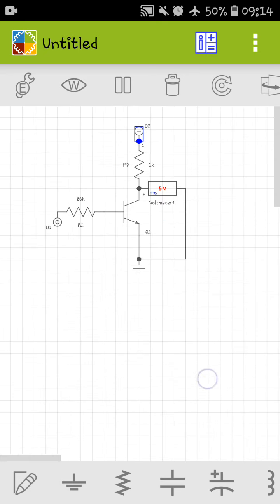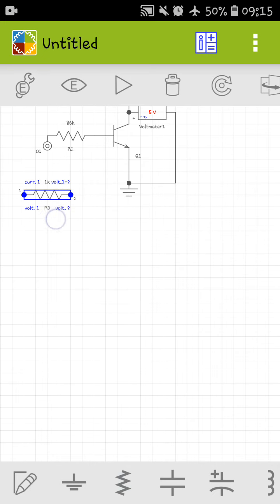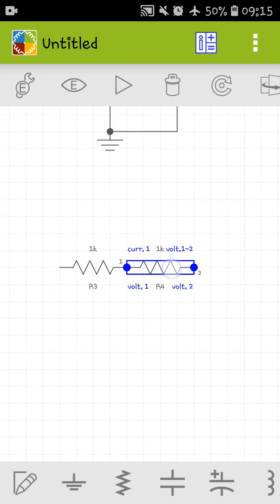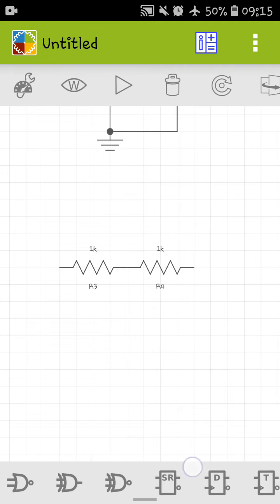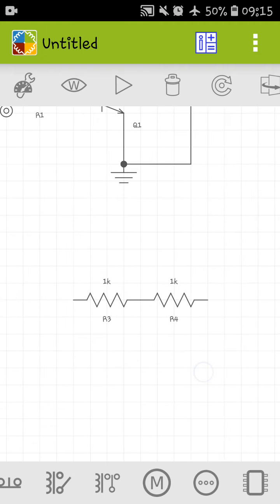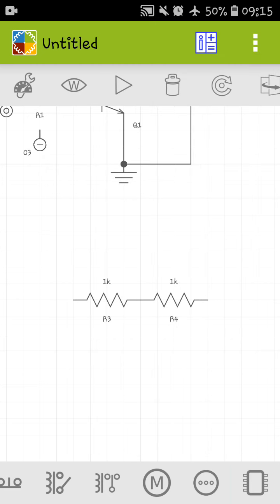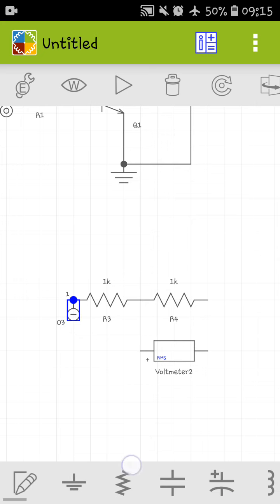This is equivalent to this figure. Let's see here. This is one resistor, this is another resistor, and here a switchable source, and here one voltmeter. I'll keep the voltmeter here, I'll give the switchable source here, and here I ground it.